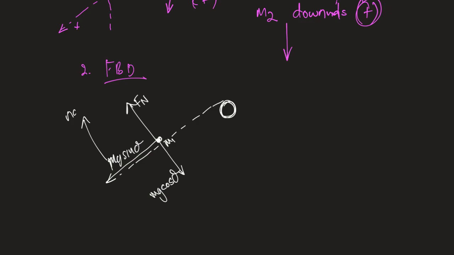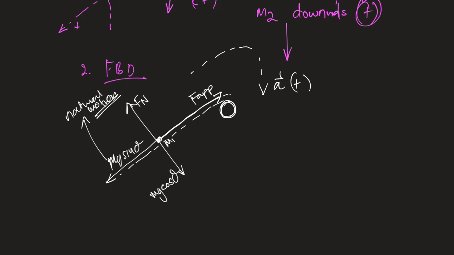Remember the natural motion. But because we chose over this pulley system as positive, we can already see we're going to have a little bit of a situation. We've got a force applied that's going to do that. Your force applied goes over this pulley, and we've got our second mass here.